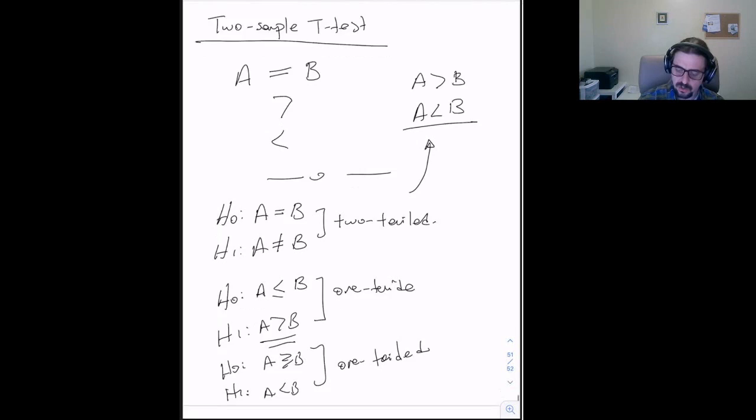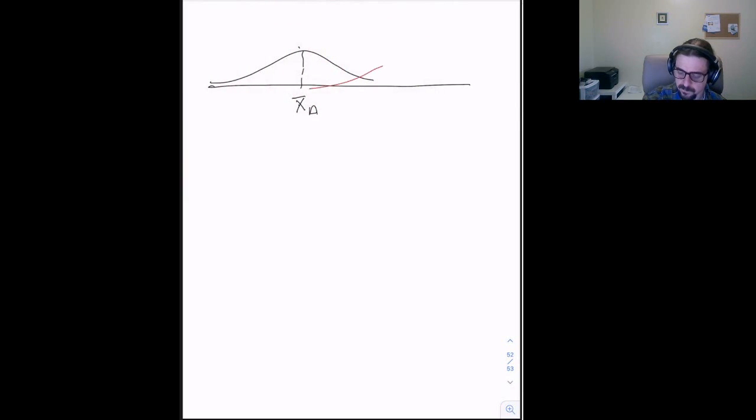Okay, so what does it mean to do a two-tailed t-test then? Let's think about what this means. Let's say I have a population called XA bar, which is basically measurements belonging to group A. Here's the mean value. And let's say I have another set of measurements, that's the XB bar.